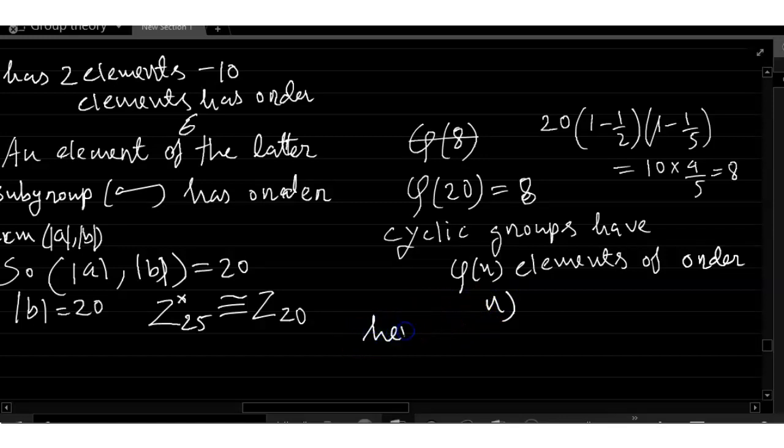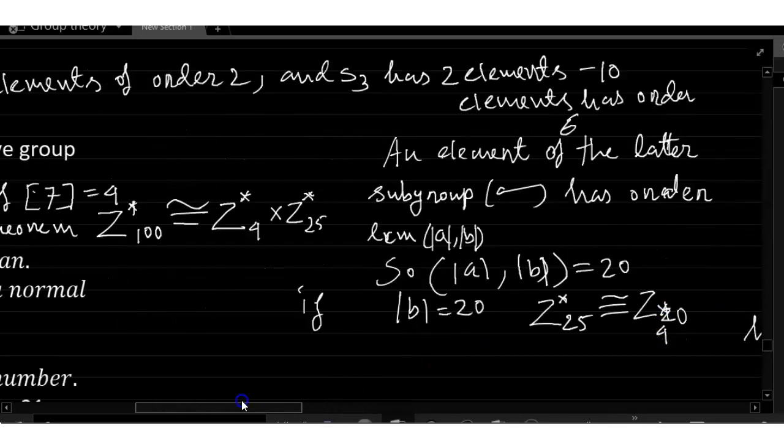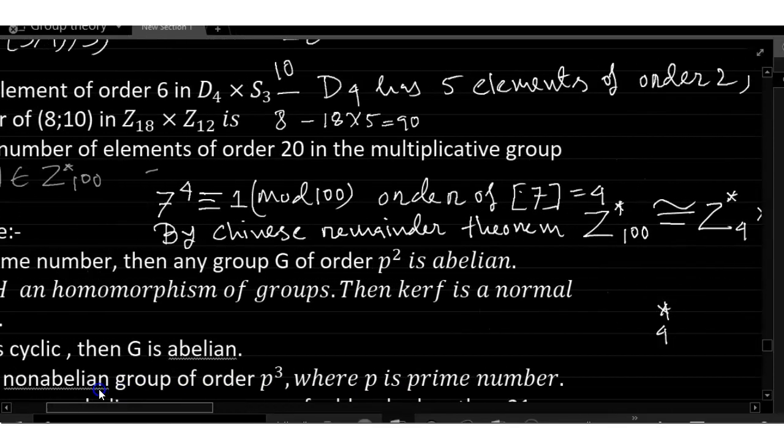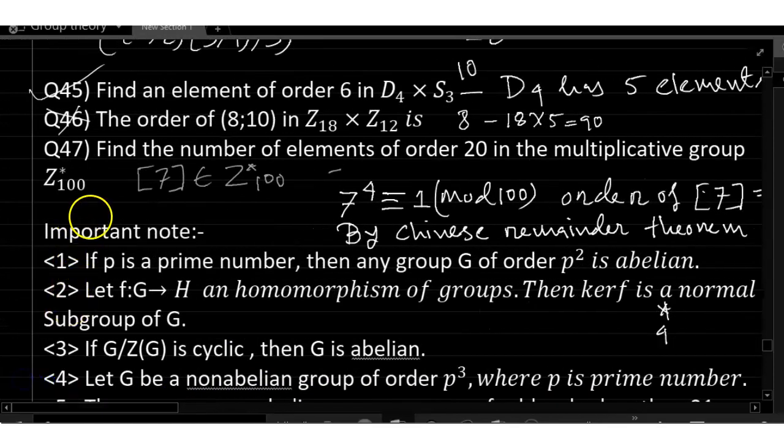Hence option 2 for Z4 star. So my total number is 16.